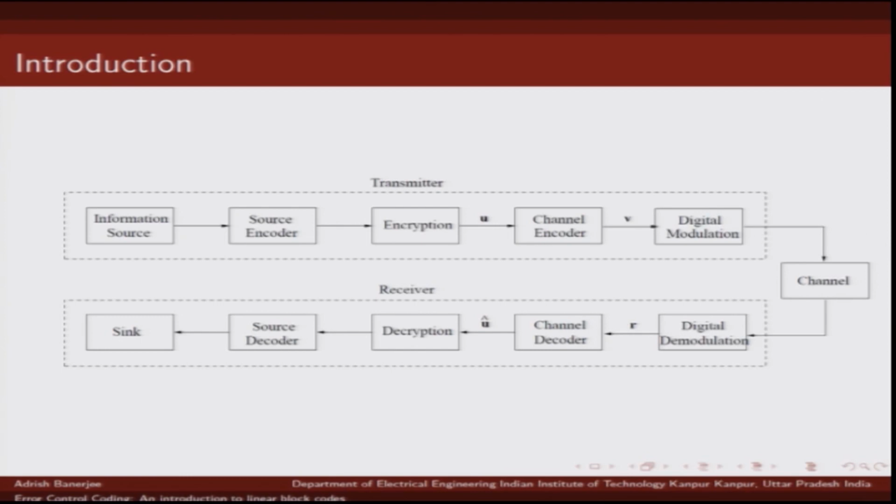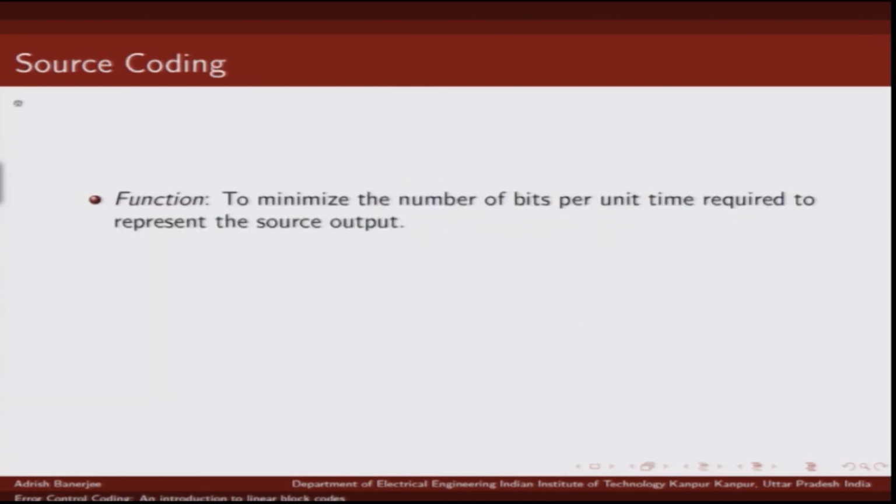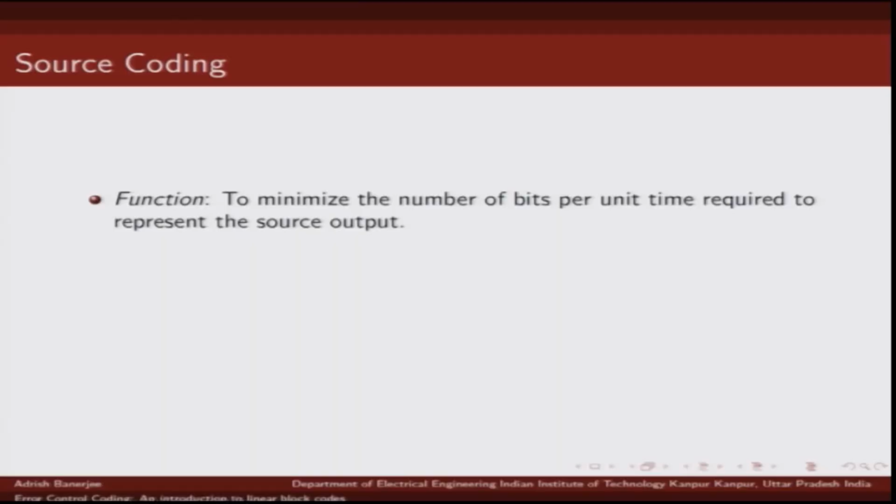Now I will explain in a little more detail about each of these blocks. The first is our source encoder, and as I said, this does source compression, source coding, and its objective is to represent your source in the minimum number of bits required.